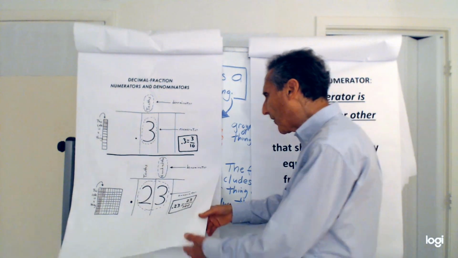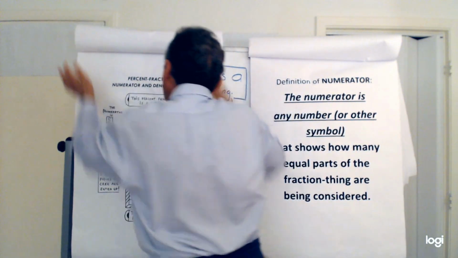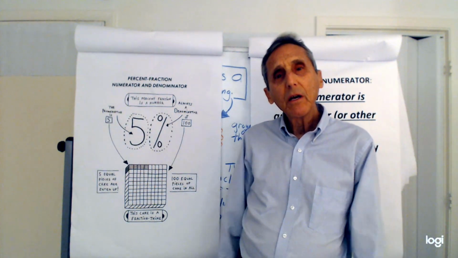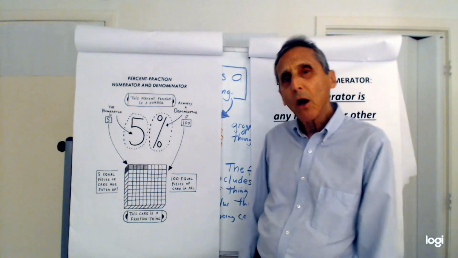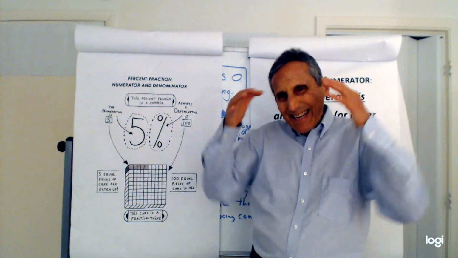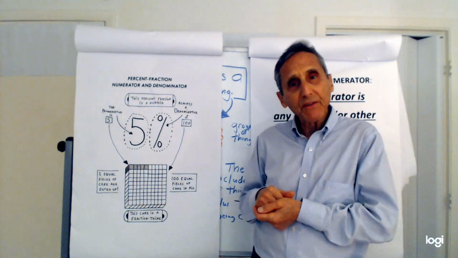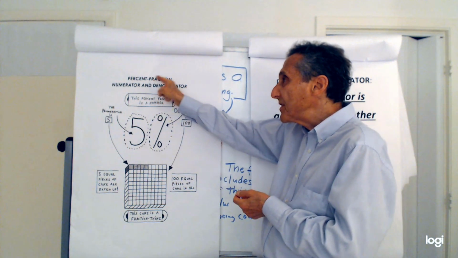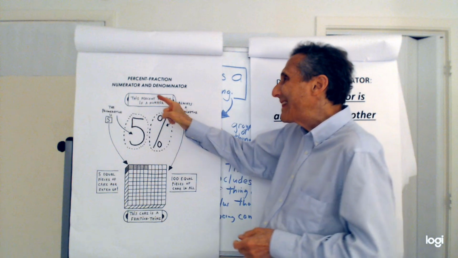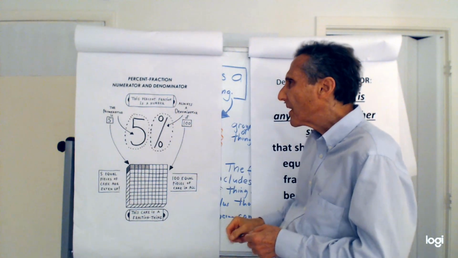Now let's go further. We're going to examine a percent fraction. Now in most math books, most teachers, they call them percents. I don't call them percents because there's a family of fractions. They're all together. They look different, but they represent equal parts of something. So the percent fraction has its own numerator and denominator. This percent fraction, 5%, is a number.